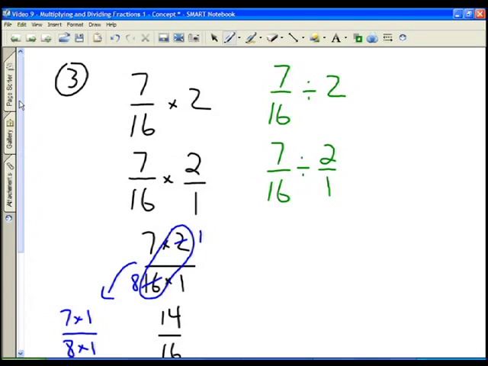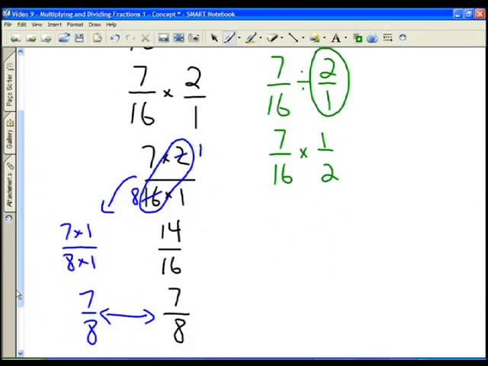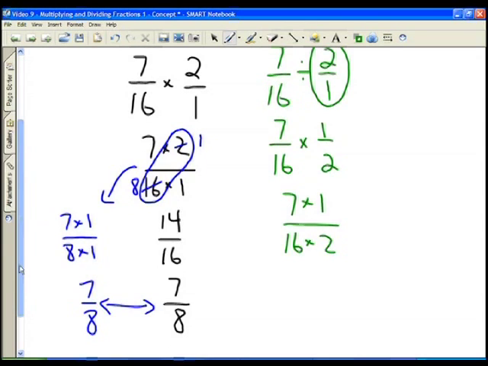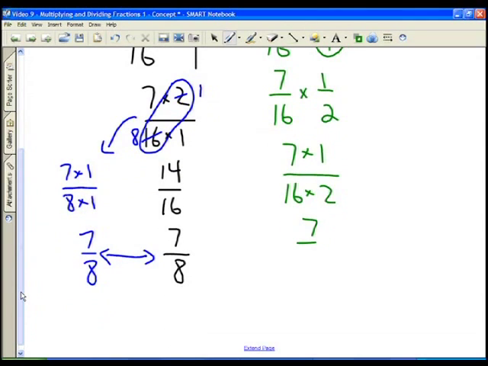So following our rules for multiplication, we have 7/16. We change the sign to multiplication, and we invert or flip the denominator and make it 1/2. And now we multiply straight across the top, 7 times 1, and straight across the bottom, 16 times 2, and that gives us 7 over 32.